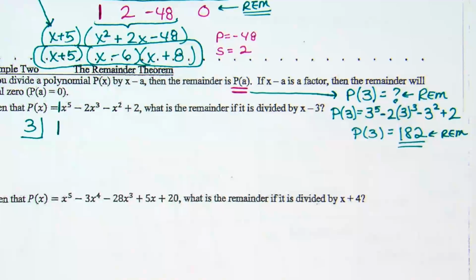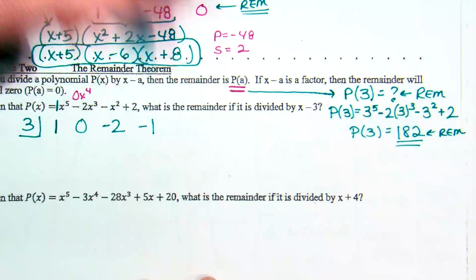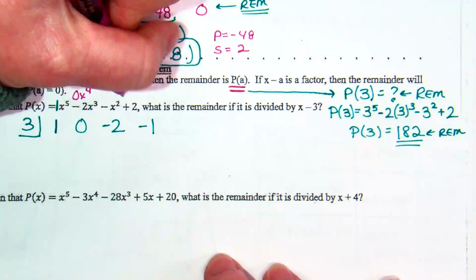An x to the 4th, and there isn't one, so we're going to say 0. x to the 3rd has negative 2. x to the 2nd has negative 1. What else is missing? Just a regular x term, so we're going to have a 0 and then a 2.